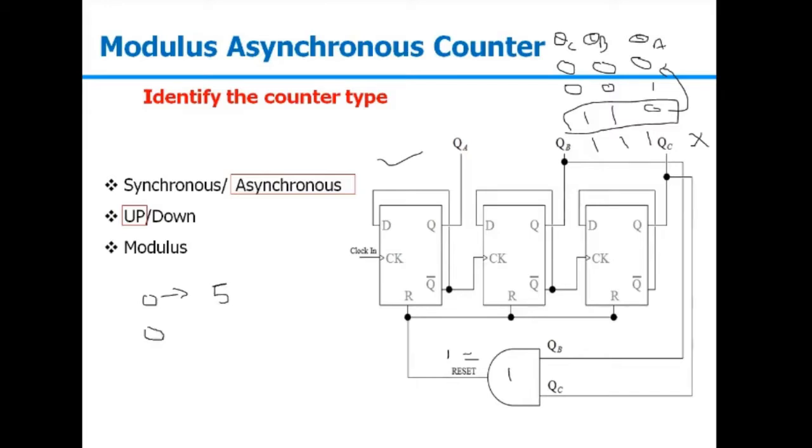So it goes 0, 1, 2, 3, 4, 5, and 5 is my 101. It goes till 101, and as soon as it becomes 110, it goes to 0. So it is a mode 6 counter. This is how you find the modulus for a given circuit.